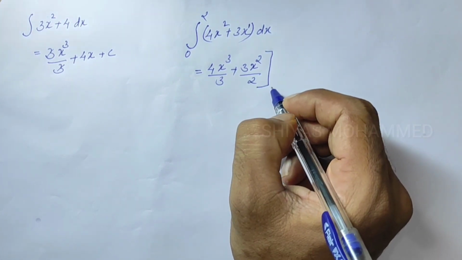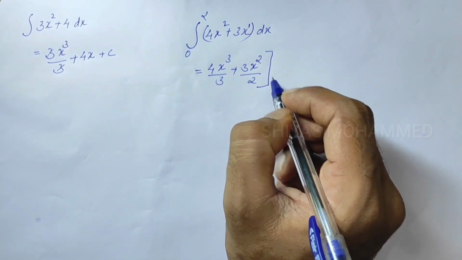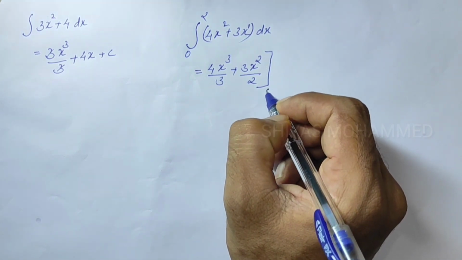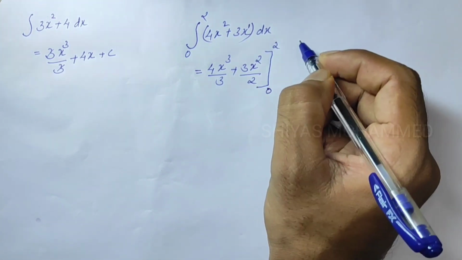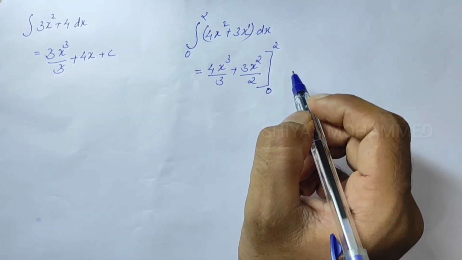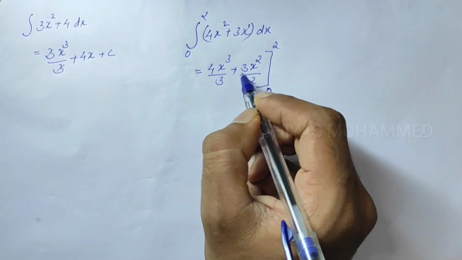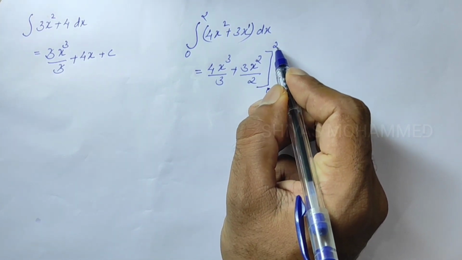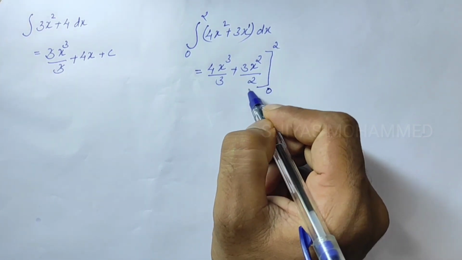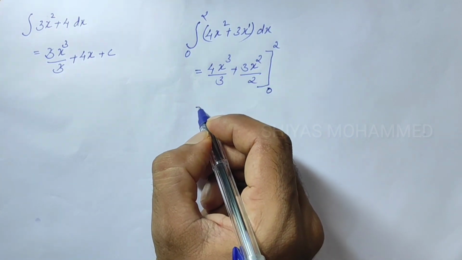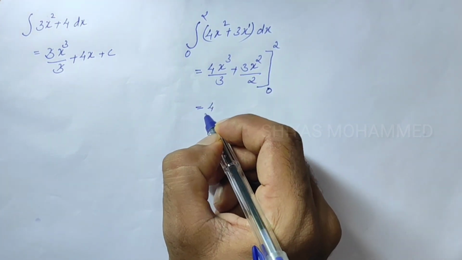And finally we want to give the limits. Now our integration is completed. Now we want to give the values of the limits. The lower limit is 0, the upper limit is 2. For all the variables, here the variable is x, here also the variable is x, we give the upper limit minus the lower limit. So here it is equal to 4 by 3.